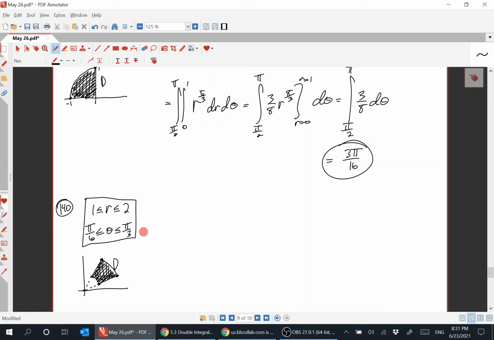So we want to calculate the double integral over D of sine of arctangent y over x dA. We'll do r again, I guess. The integral from 1 to 2, and then pi over 6 to pi over 3.